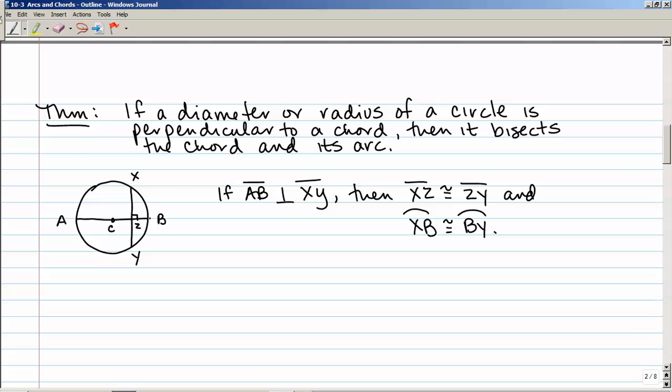Because this diameter and this chord are perpendicular, the chord is cut in half exactly, and the arc out here is cut in half as well.